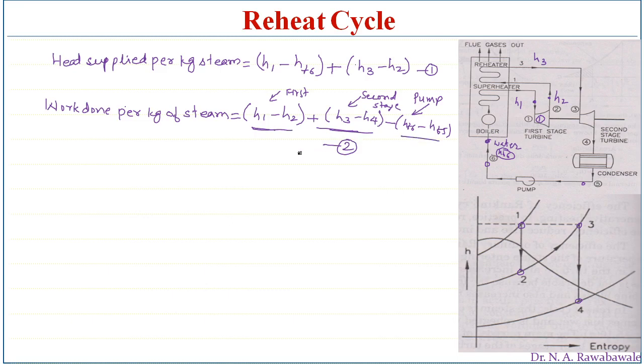Now after that we want to find out the efficiency of this cycle. The efficiency of the reheat cycle is equal to work done per kg of steam divided by heat supplied.